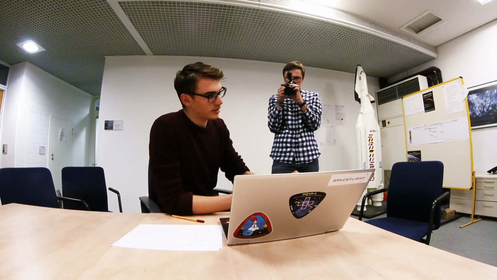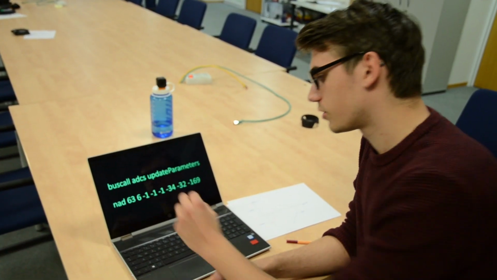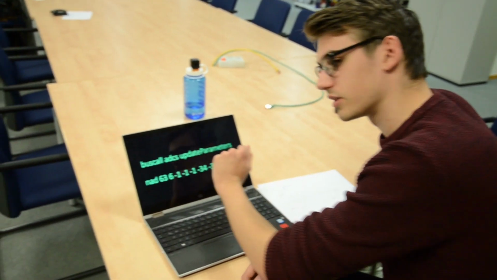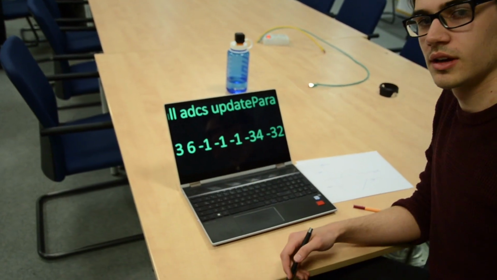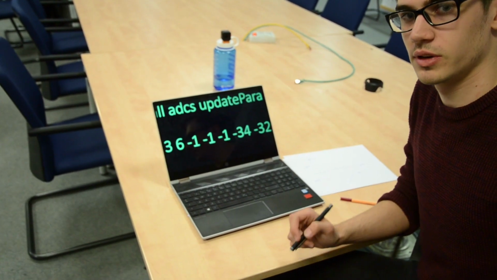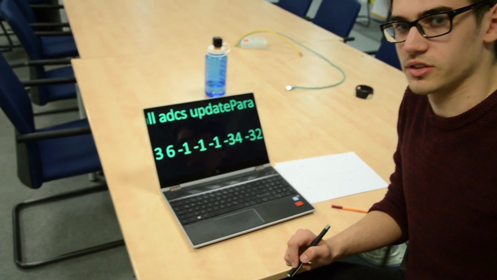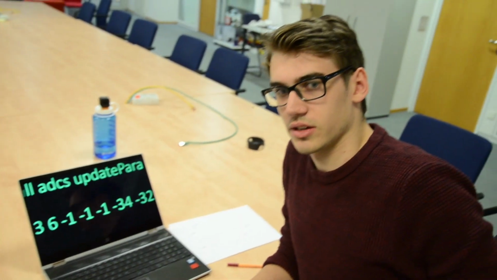Basically, what everything comes down to in command Z, this whole thing is command Z, are those 3 numbers. This is everything we need to do to slow down the satellite again and to make us go into nominal mode and help us stabilize everything again.